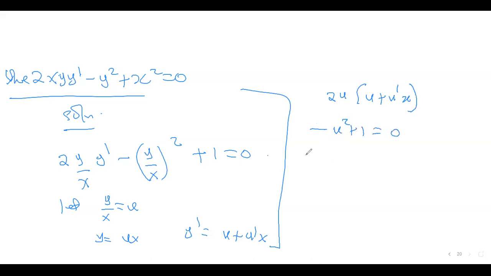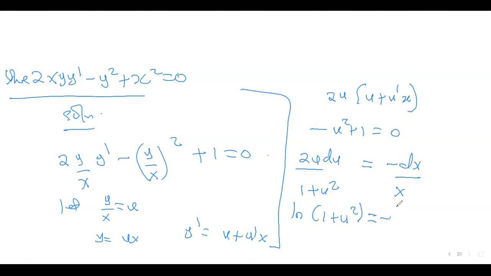And this is going to yield, when you do mathematical manipulations, 2u du over 1 plus u squared equal to negative dx over x.